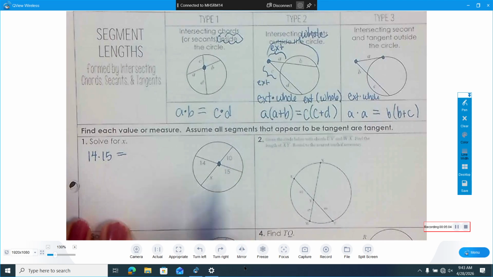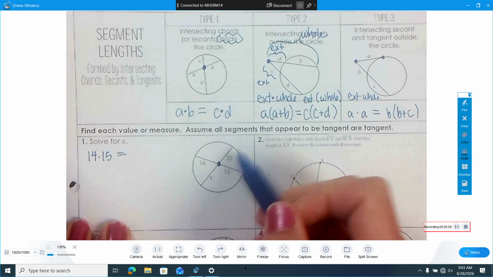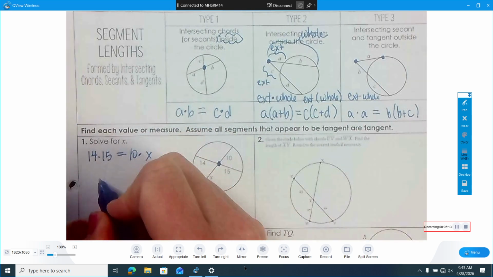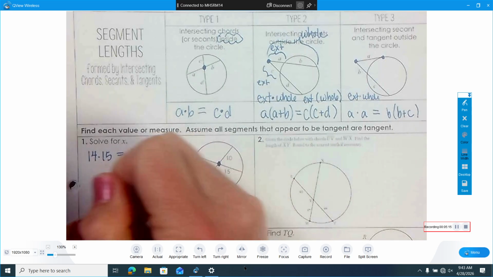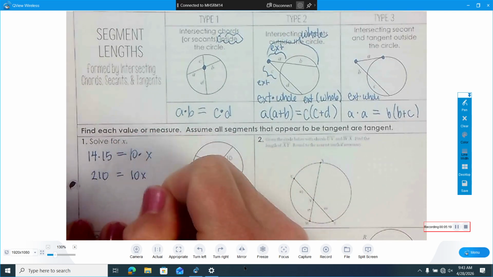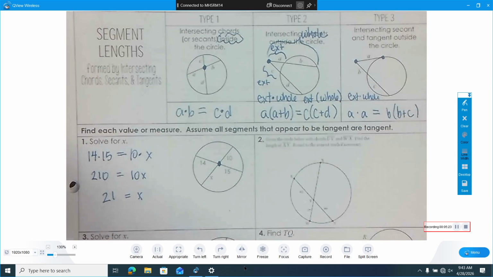Good. 14 times 15. A product of the pieces is equal to a product of the pieces, so 10 times x. That's it. What is 14 times 15? 210. Equals 10x. Divide by 10, and we get 21. That's pretty easy.